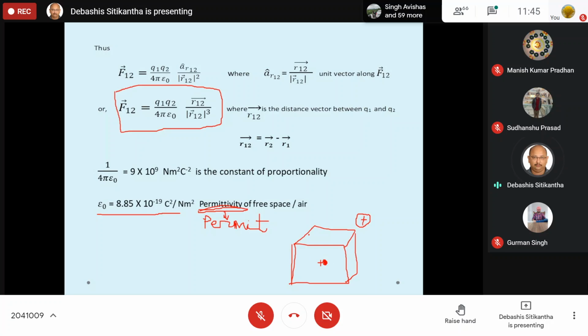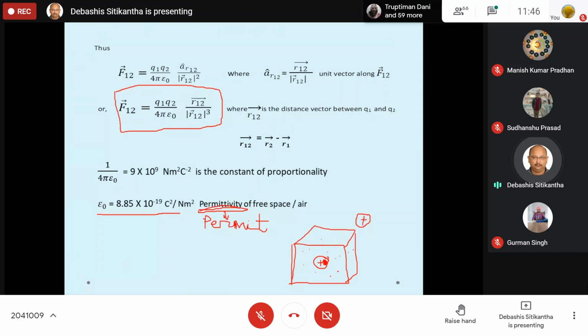If I place it inside a solid volume with a cavity, and somehow I placed this positive charge, and the material out of which the volume is made has a good permittivity, then you will feel a stronger electric field anywhere in this space.